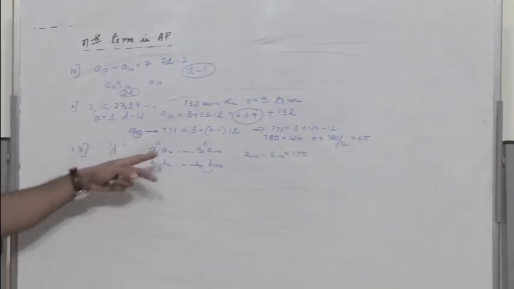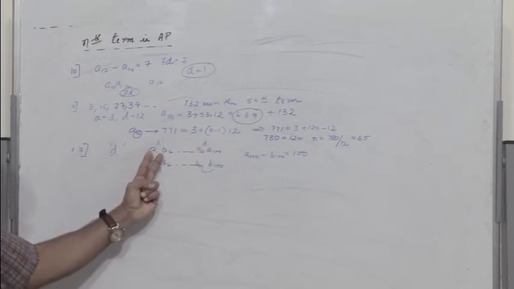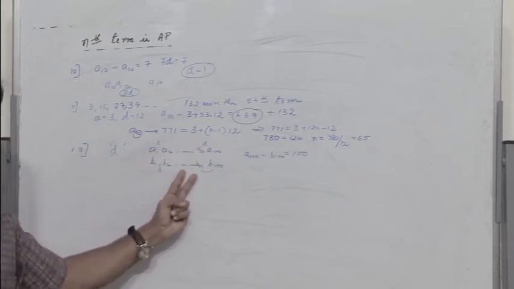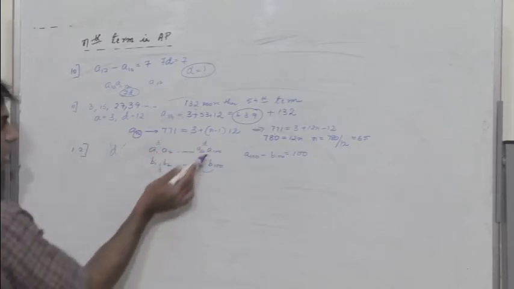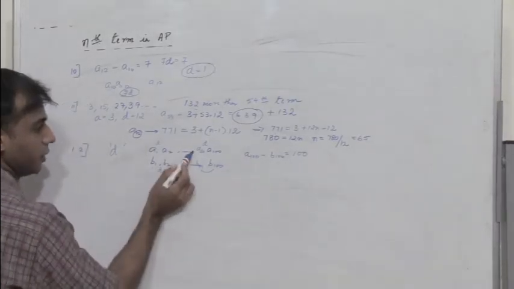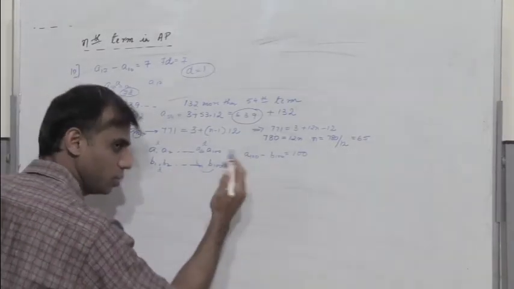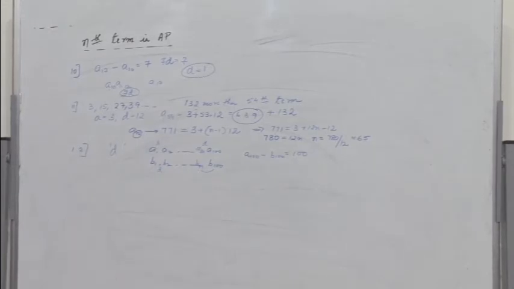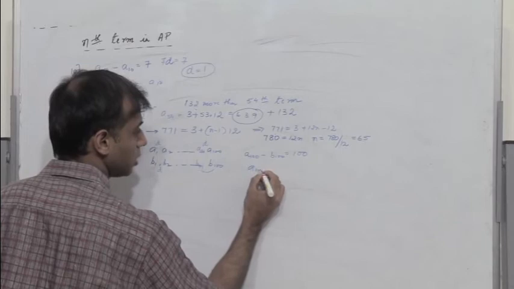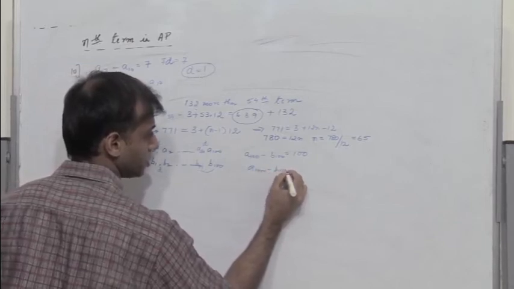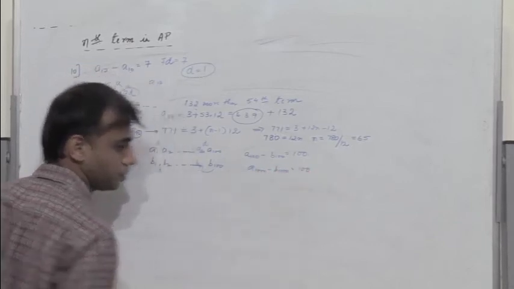Since the difference between any two consecutive terms remains the same, the difference between their 100th terms is 100, the difference between their 99th terms will also be 100, and so on. So the difference between their 1000th terms will also be 100.